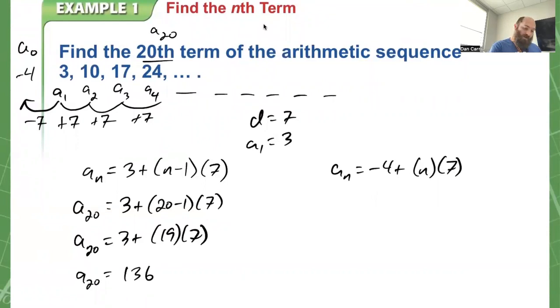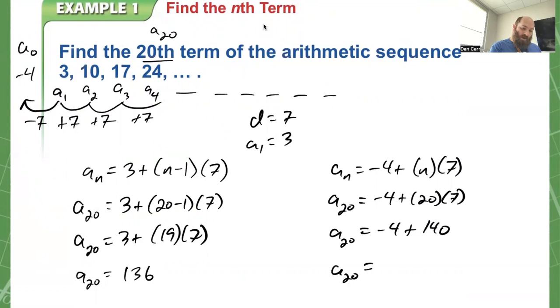Over here, a sub 20 is equal to negative 4 plus 20 times 7. That is negative 4 plus 140, and if I combine those, I still get 136. So it just makes a difference if we're calling it a sub 0 or putting things in terms of a sub 1. Just slight modifications, but it gets the same answer in the end.